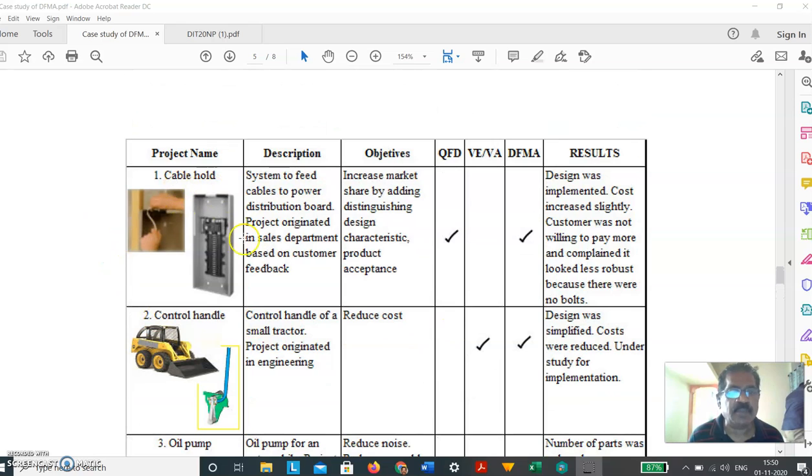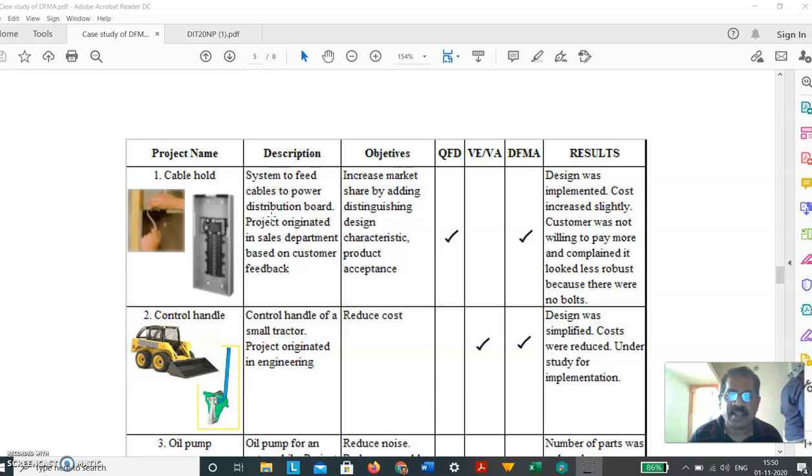There was a cable holder. There was a system to feed the cables to the power distribution board, and the project originated in the sales department. The objective was increasing market share by distinguishing the design characteristics and product acceptance.